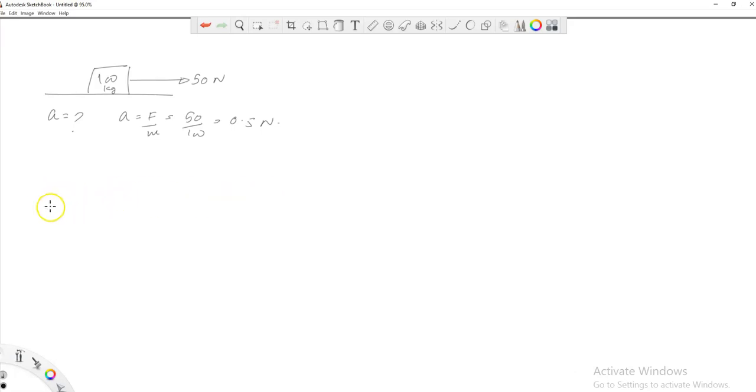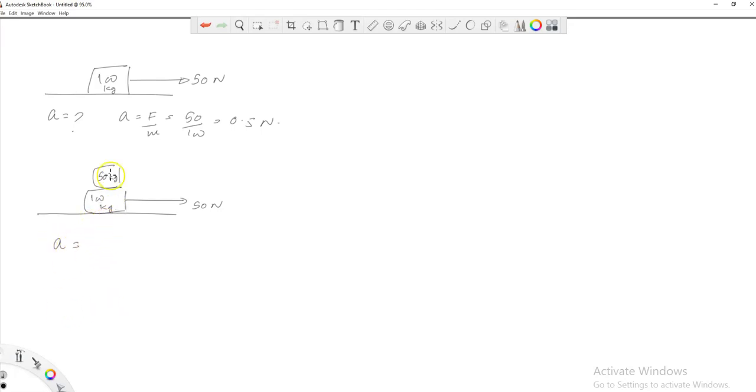Now what will happen if I increase the mass? Same thing, same force, 100 kg. I'm gonna put another, let's say 50 kg on top of it, and then I'm pulling with 50 newtons. Same force but a bigger mass. What do you think gonna happen? Same acceleration? No, smaller acceleration, right?